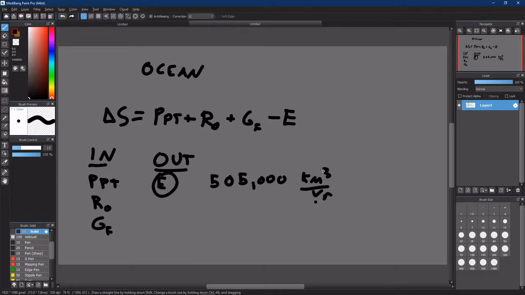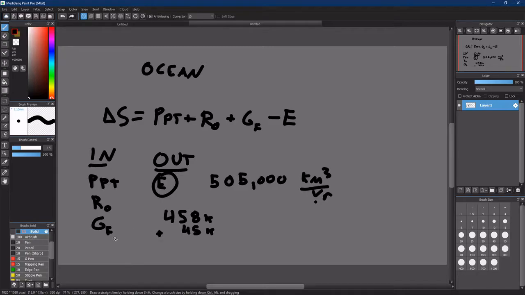Number 15, using the values from Table 1, determine what is the total flux entering the oceans. So you'd look at this precipitation. So the pathway is precipitation from the atmosphere into the ocean is 458,000 cubic kilometers per year plus runoff. So runoff from land to the ocean is 45,000.